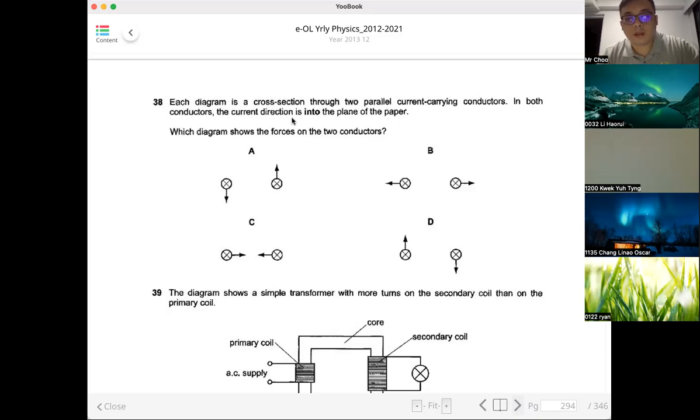Okay, Bei Huan, incorrect. Last week I did not mention this, but I thought of a very good way to explain certain things. Let me go back to the first question.